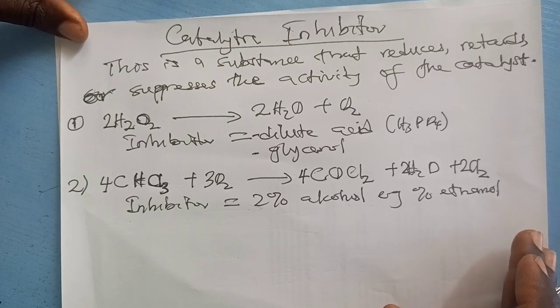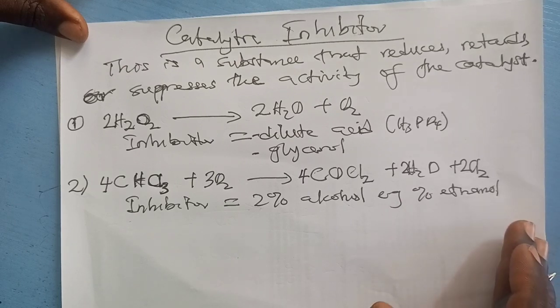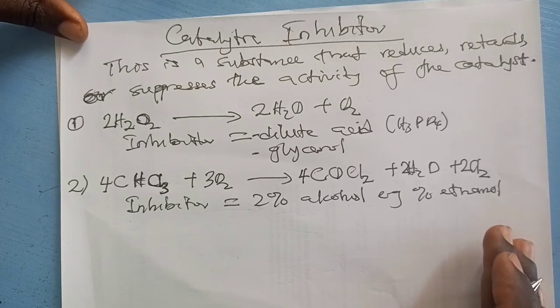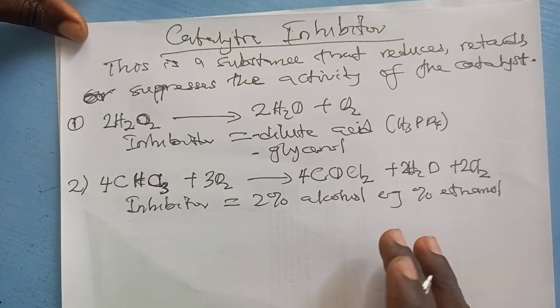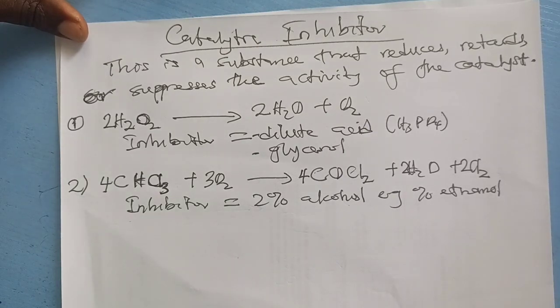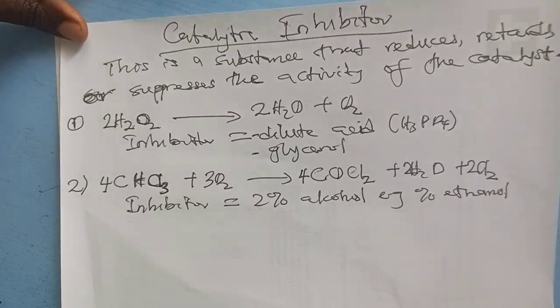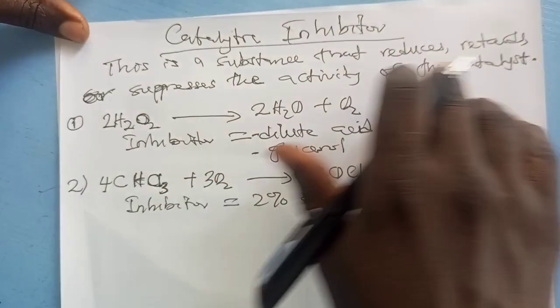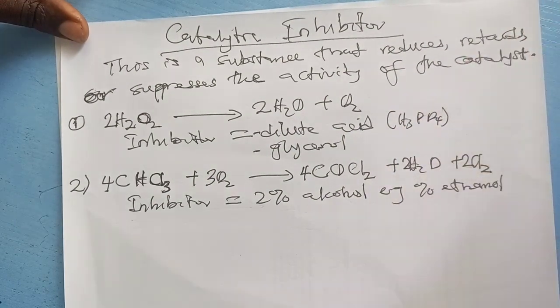So it breaks the chain reaction, and when the chain reaction is broken, you see that the reaction will be very, very sluggish, okay? And that is what a negative catalyst can do. I believe you understand what I mean by negative catalyst, or simply a catalytic inhibitor.